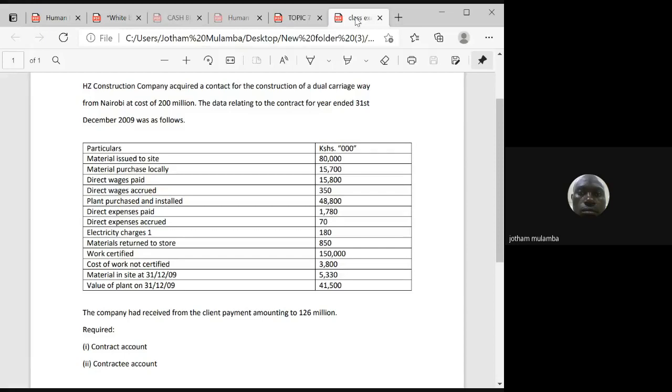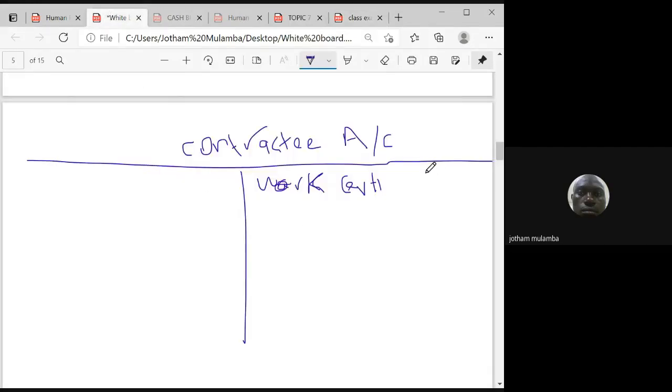That means the contractor has done that work and the architect has not been there to verify. So we record here 150,000.